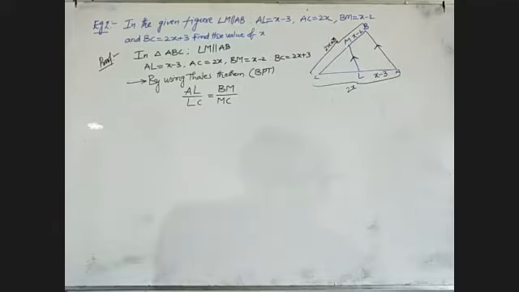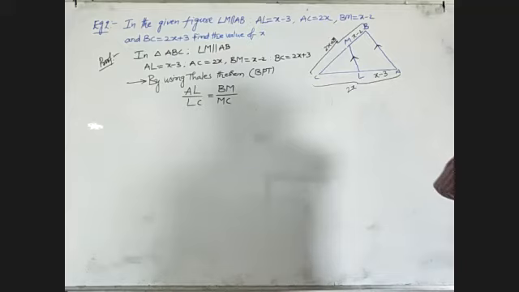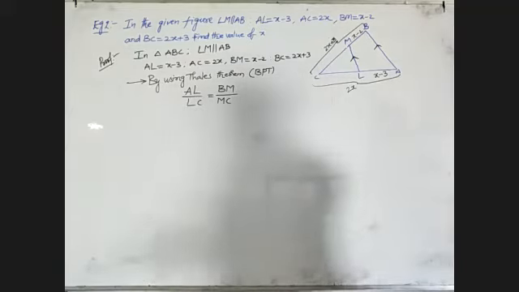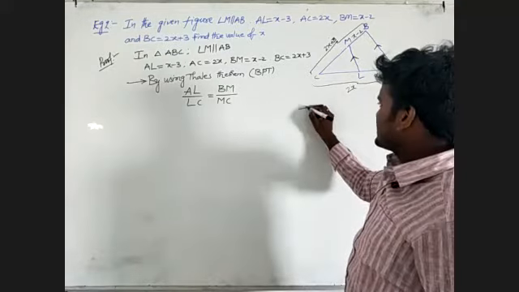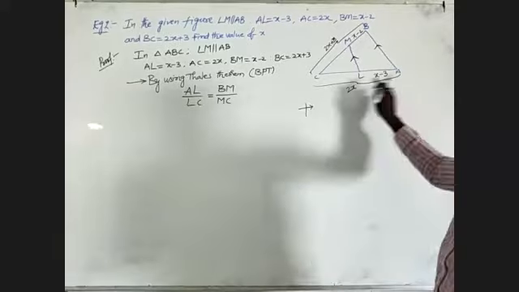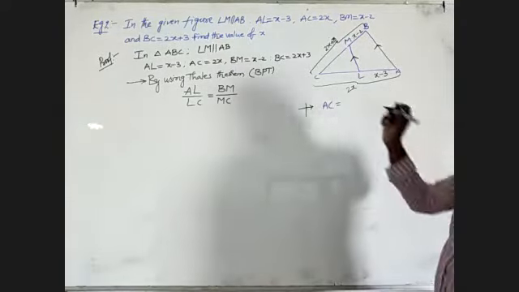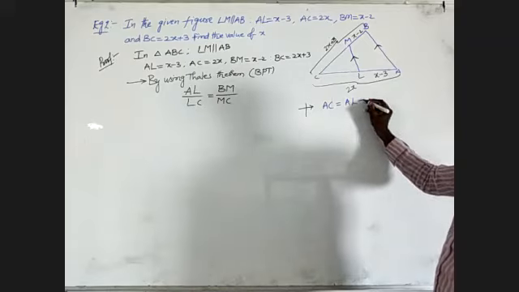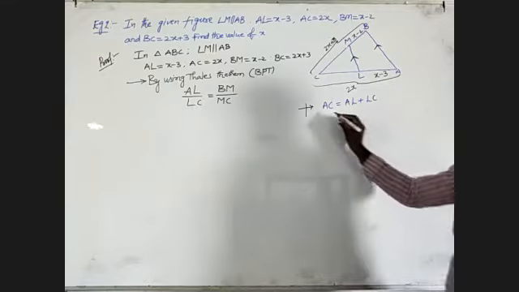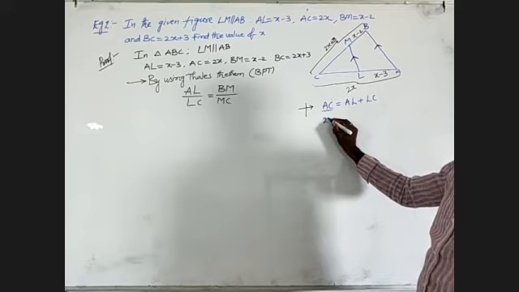You will observe here the value of BM, there is no value of MC. Here also the value of AL, there is no value of LC. Here first we have to take the conditions. We will observe in this one, the total distance AC we have to write as AL plus LC. We know that the distance between A and C is 2x.